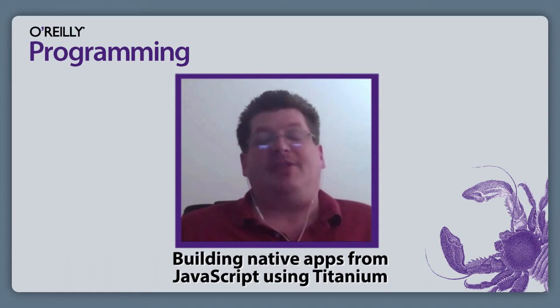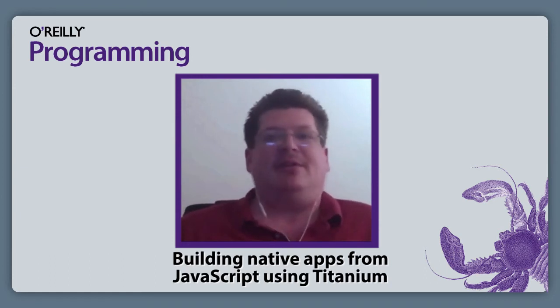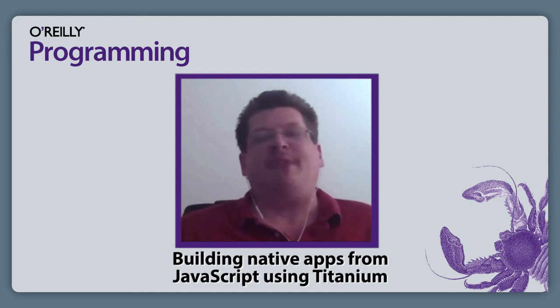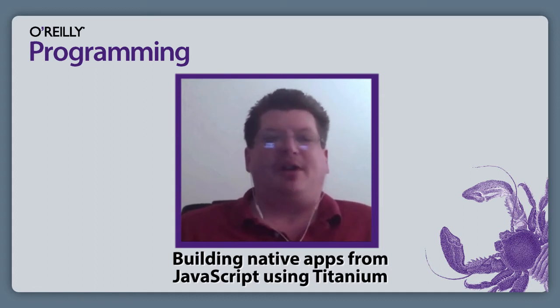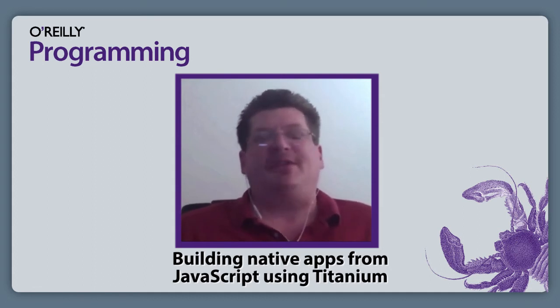And Appcelerator has a whole marketplace of these modules that you can download, plug in, and then very easily access some advanced functionality, like barcode scanning, like you're saying, and some of the social media things like Facebook integration and accessing Twitter.